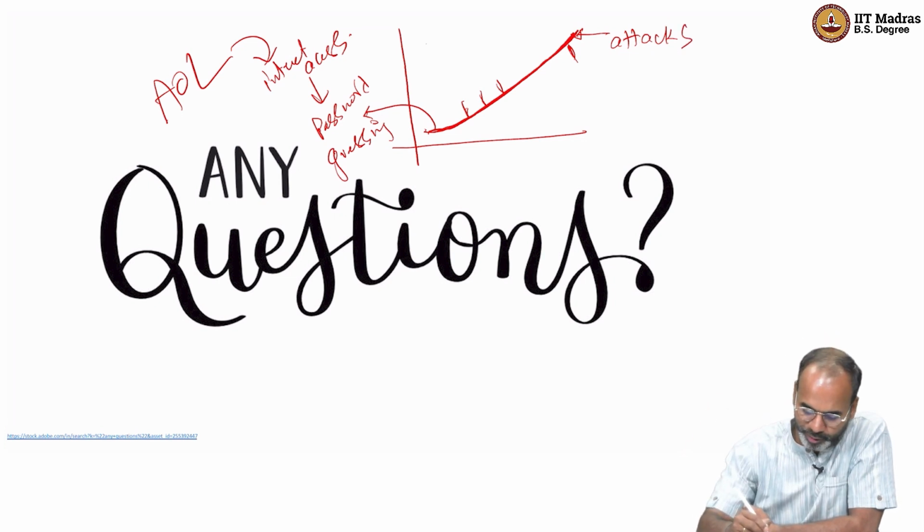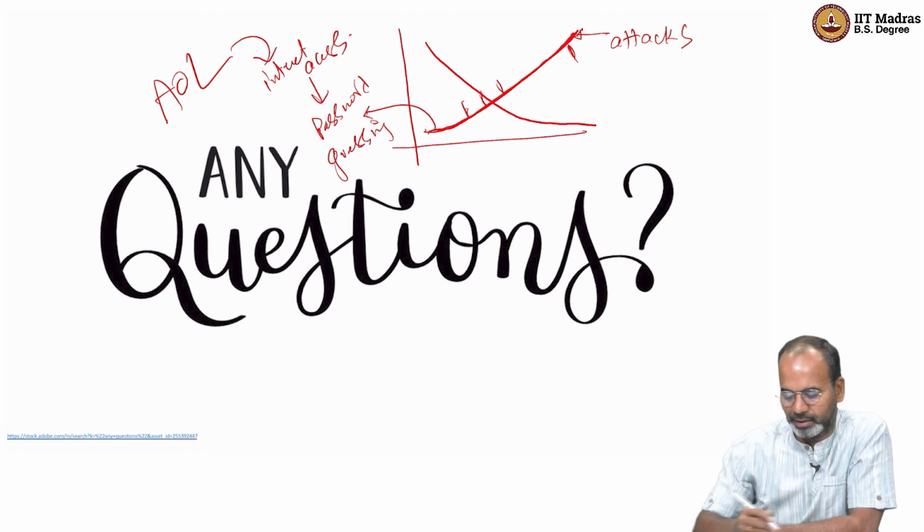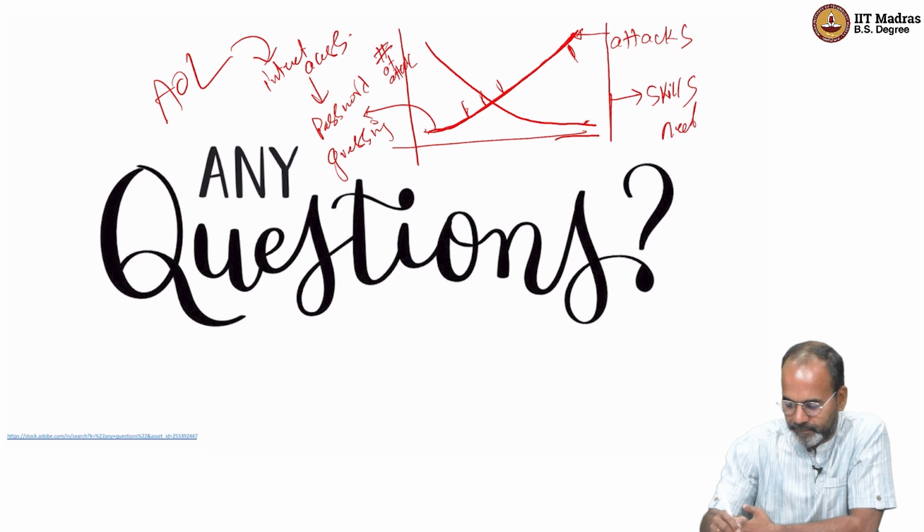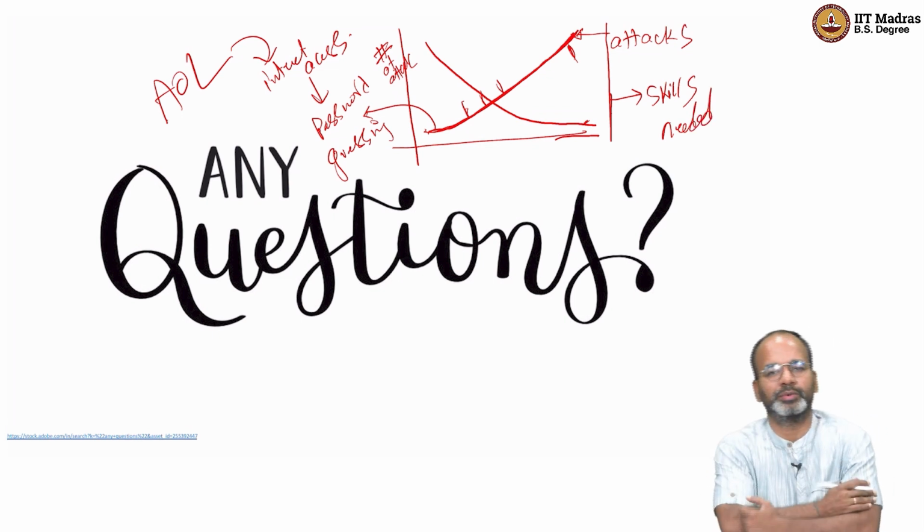Interestingly, if you look at the skill level that is needed to do these attacks, it's actually been going down like that. If this was the number of attacks, and there's another scale here, which is what this graph is referring to, it is the skill level. So that's actually reducing.